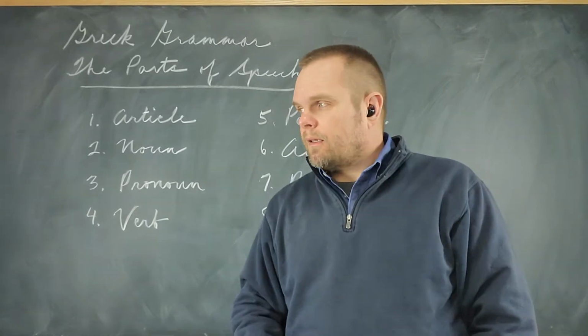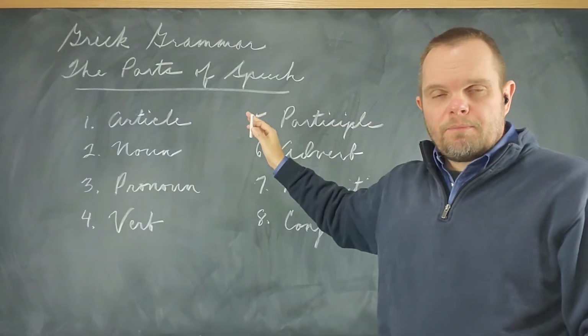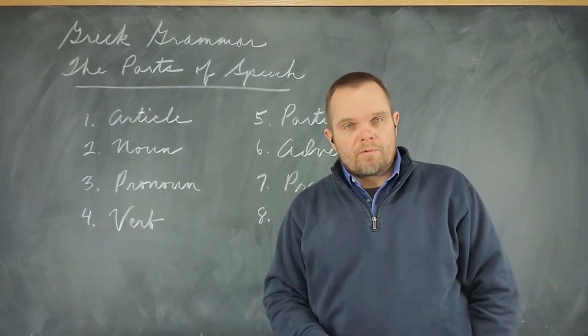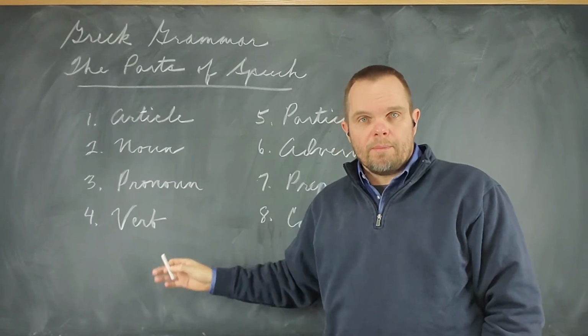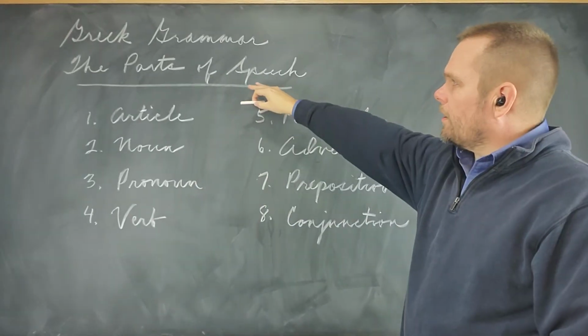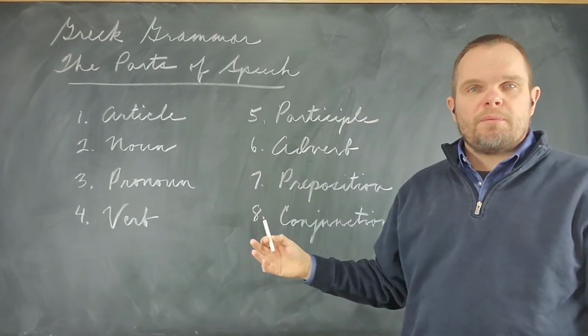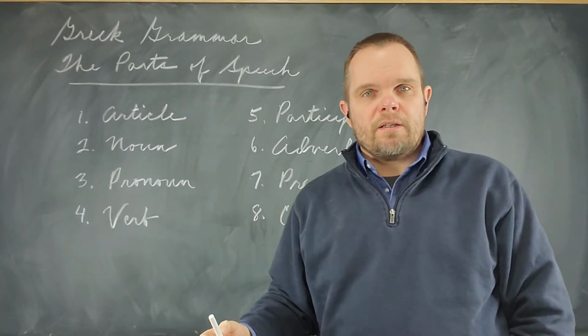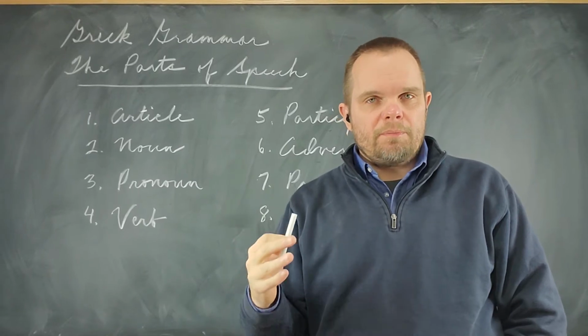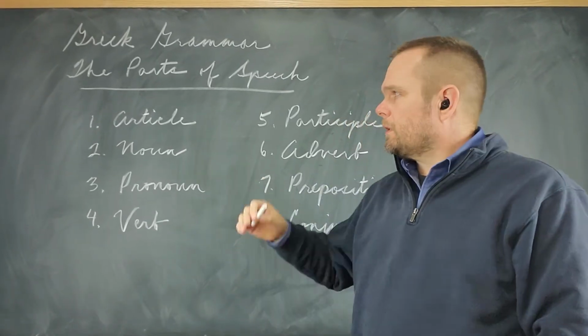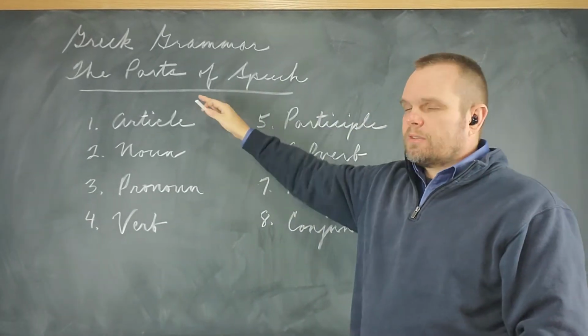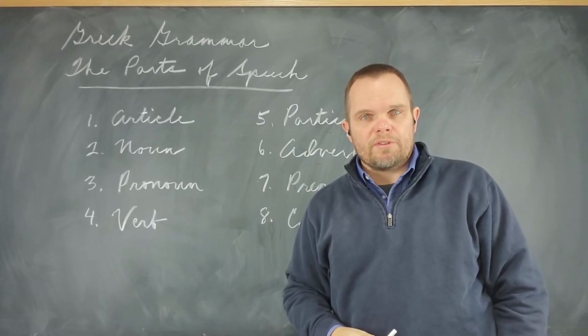All right? So as we move into the second part of grammar and the study of Greek grammar, what we get into are the parts of speech. And this is really the subject of etymology. The subject of the second part of grammar, the subject of etymology, is the study of the parts of speech.